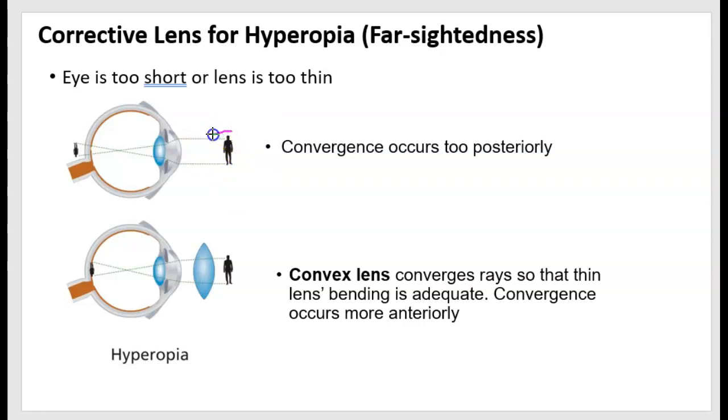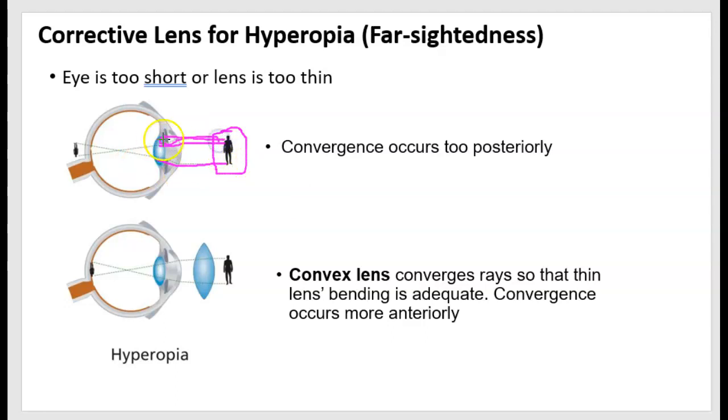So we're going to say this person is close by, and somebody's trying to look at it who's actually farsighted. Oh, I'm sorry, we're saying this person is near. The rays come in far apart.